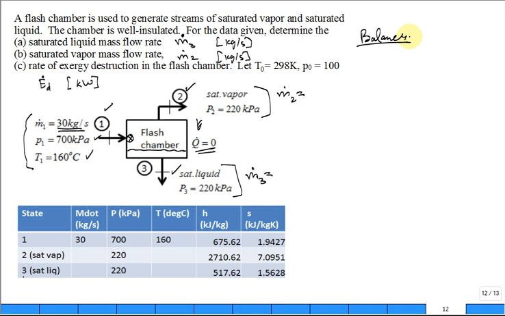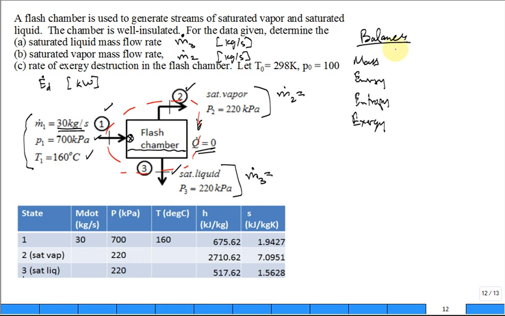What are the three? Mass, energy, and entropy, and then exergy. We have 4 balance equations we can use for this open system, which is a control volume, 1 in, 2 outs.